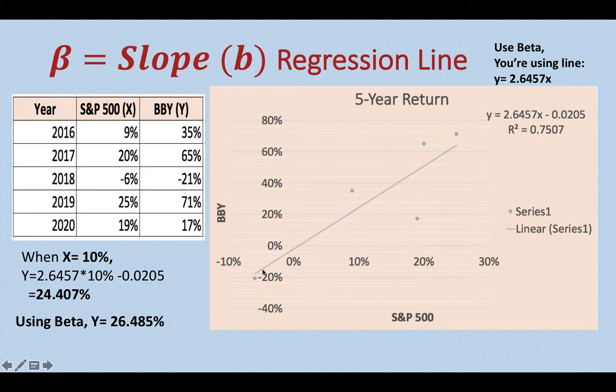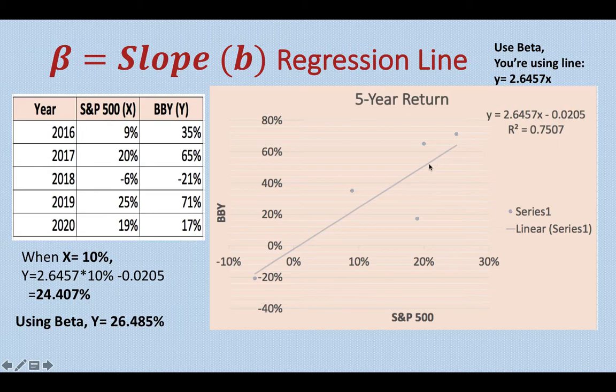The thing we want to know is, based on the data, we come up with this best fit line. So this line is the best to predict the S&P 500 return and the Best Buy returns.